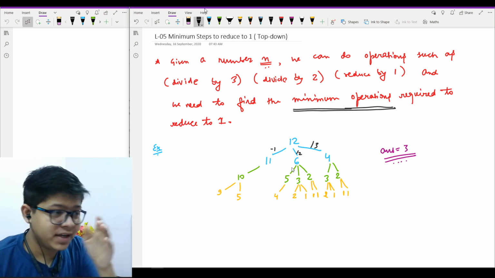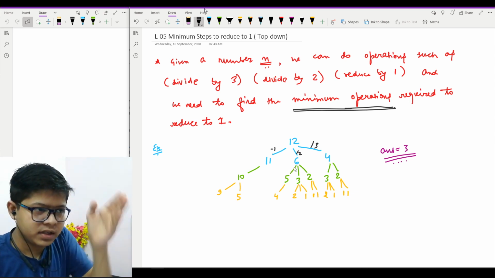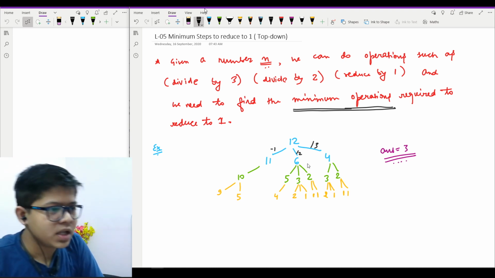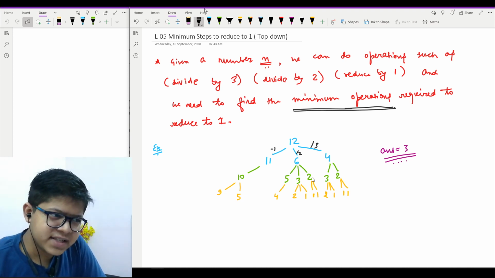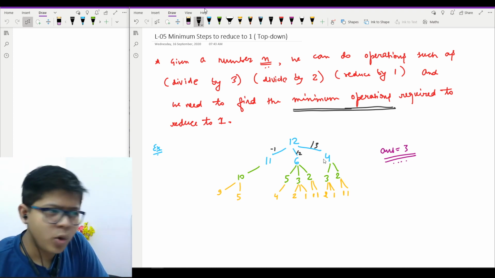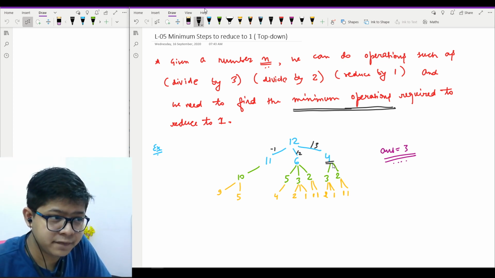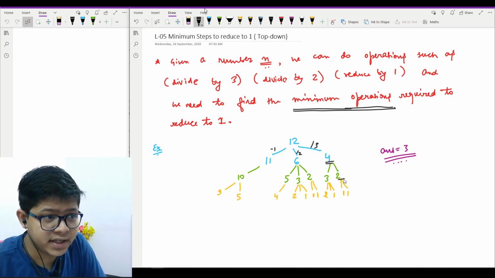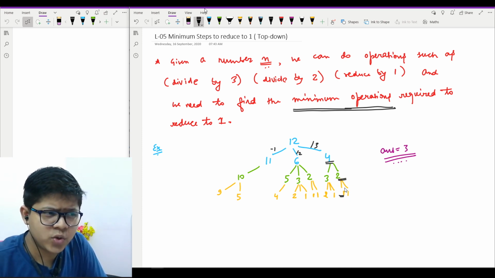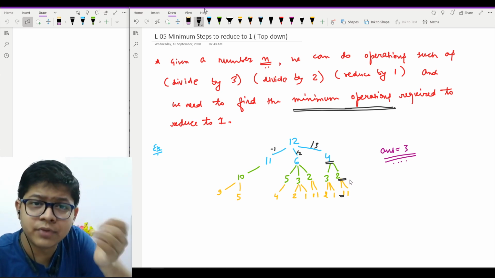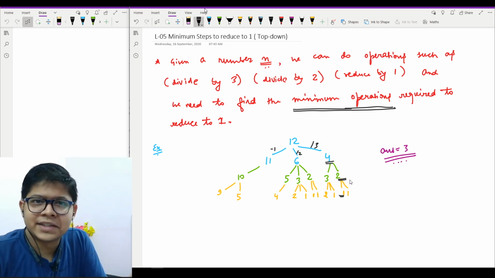In my leftmost branch I have reduced by 1, then by 2, then by 3. At every step, if I divide by the largest number, then I get 4, then I divide by the largest number possible, I get 2, and then I reduce by 1. So in 3 steps I'm reducing to 1. So 3 is the answer.